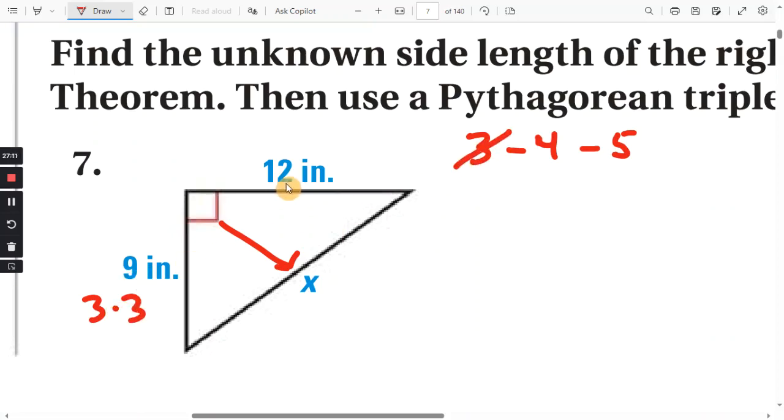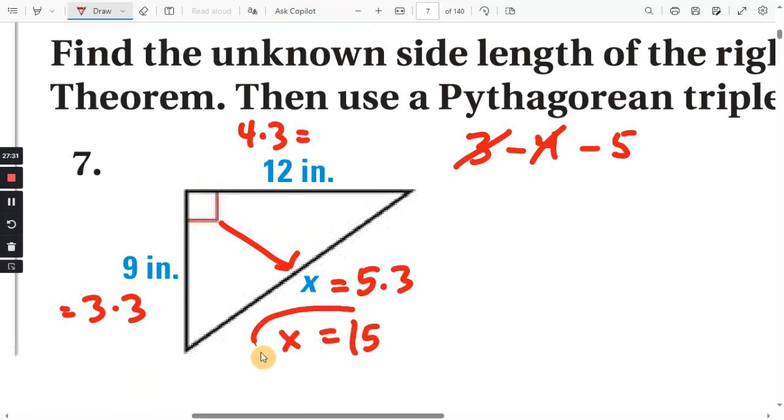And 12 is the same as 4 times 3. So we use the 4. Finally, the last one is just going to be 5 times 3. So that equals 15. We used 3, 4, 5, and we multiplied each one of them times 3.